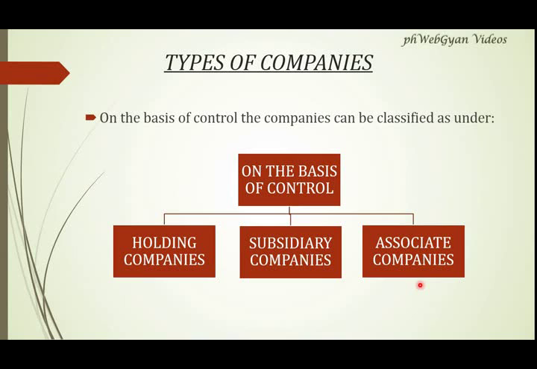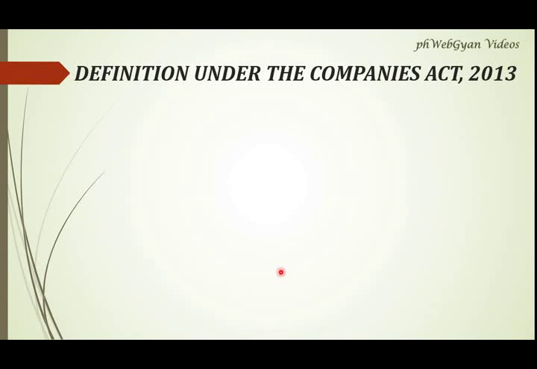As far as associate companies are concerned, we have already dealt with them in our earlier video. You can also refer to that. Today, in detail, we are going to study holding and subsidiary companies. So let's move on. We'll first discuss the definition of a holding and subsidiary company under the Companies Act 2013.